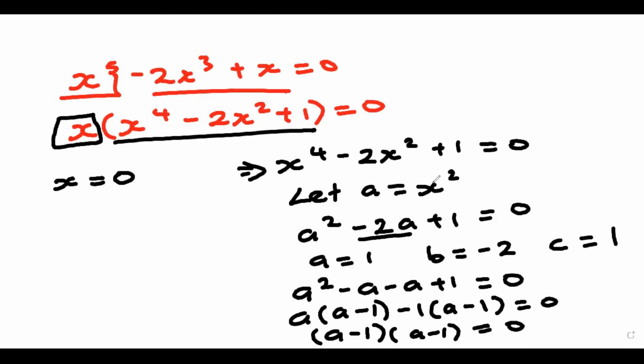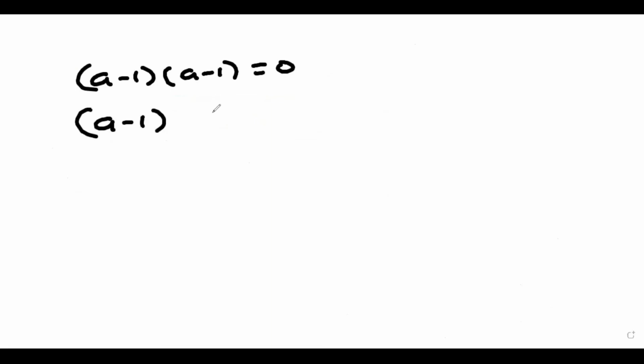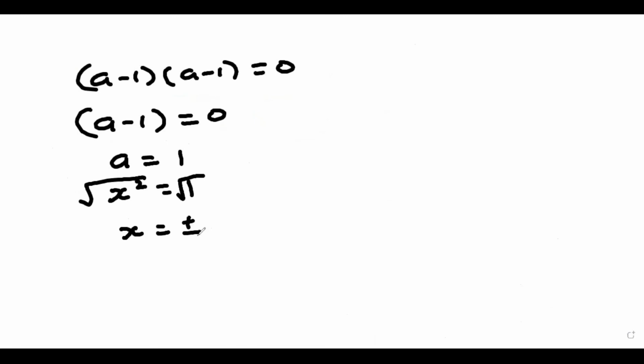So we now just have a minus 1 is equal to 0. So that means a is equal to positive 1. But remember, we had used a for x squared. So that means x squared is equal to 1. That means x itself is equal to plus or minus 1. And that would be a final answer.